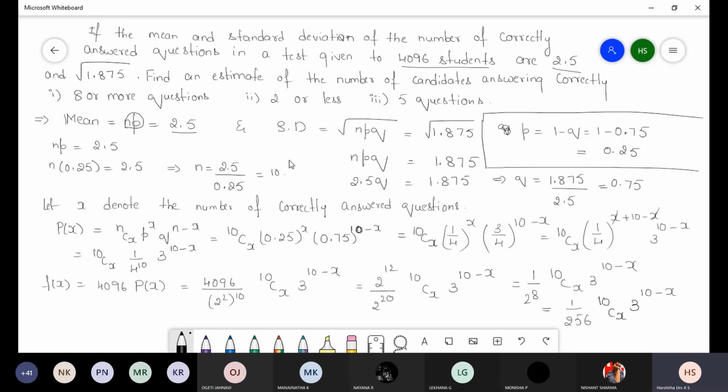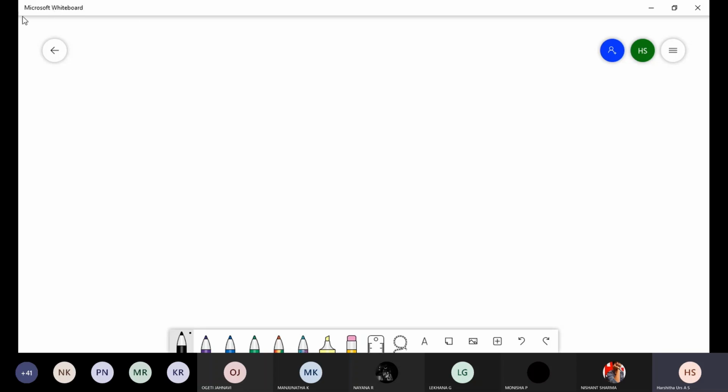Now, after finding the estimate needed for 4096 students, we use the first question: for 8 or more questions, how many students answered correctly? 8 or more questions is equal to f of 8 plus f of 9 plus f of 10. So 1 by 256 I will write outside.